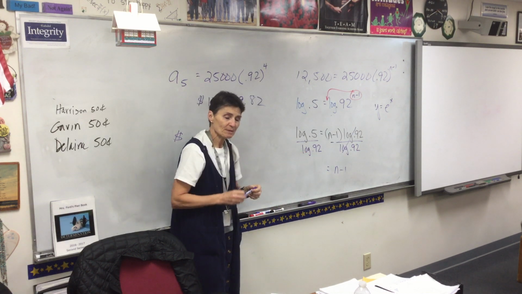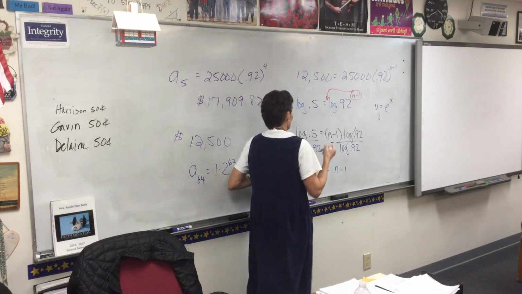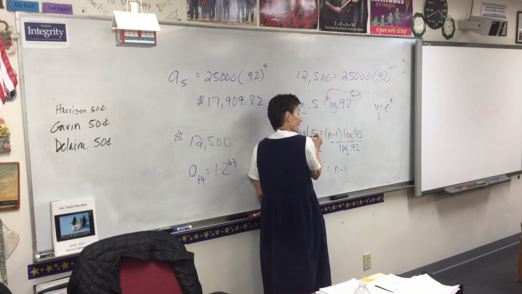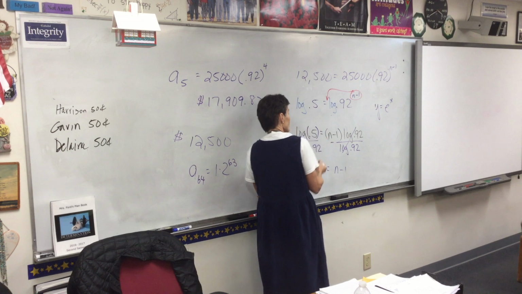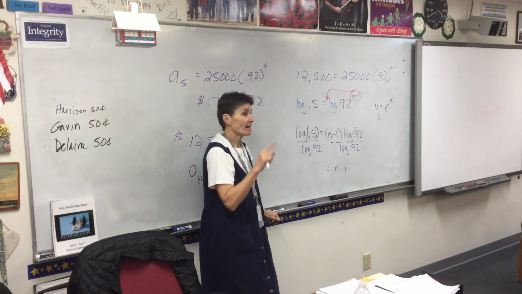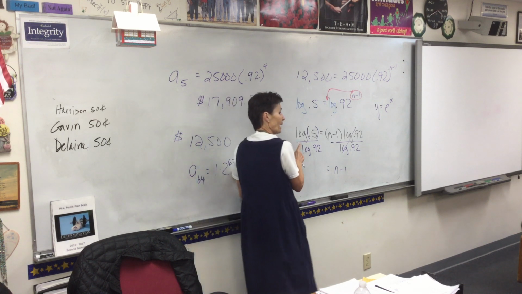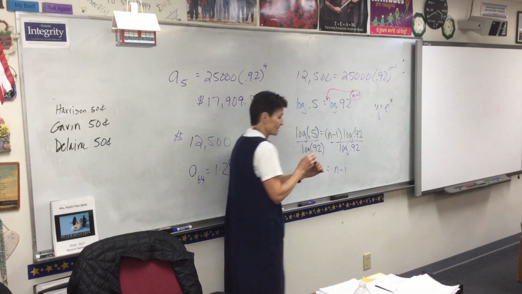When you type this in, caution. If you hit log on your calculator, does it automatically put a parenthesis in for you? You must close that after the number. So log 0.5, close parentheses, divided by log 0.92, close parentheses.